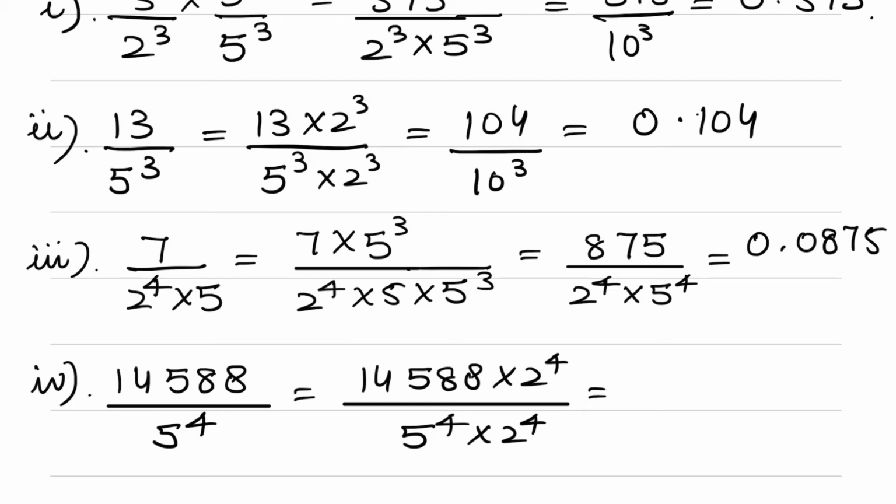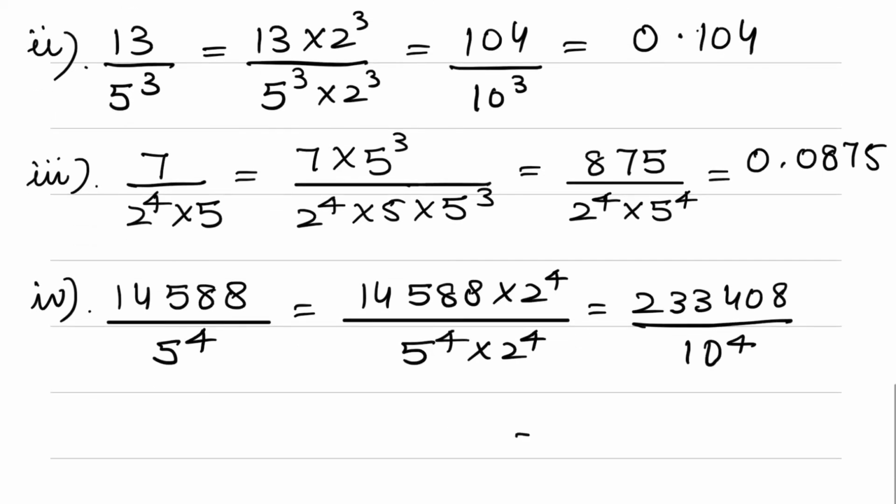So 14588 multiplied by 16, we get 233,408 divided by 10 raised to the power 4. So this is equal to 23.3408. Again a terminating decimal.